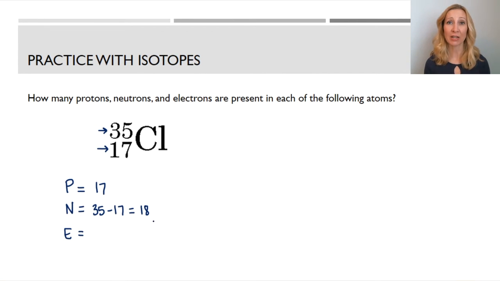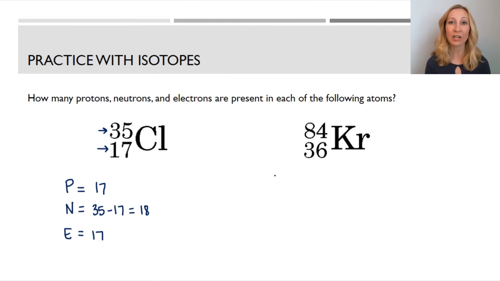The number of electrons is going to be the same as the number of protons. So if it has 17 protons, it will have 17 electrons because this is a neutral atom of chlorine. So 17 protons, 18 neutrons, and 17 electrons. Now I want you to try this one on your own. Pause the video, see if you can try it.